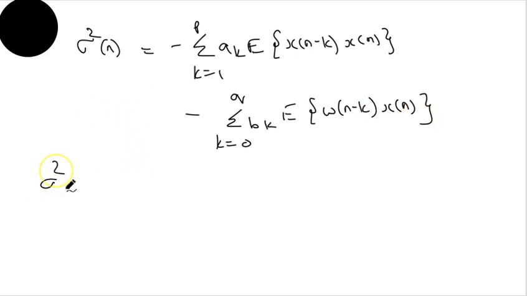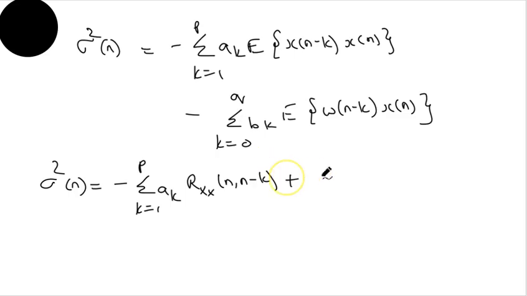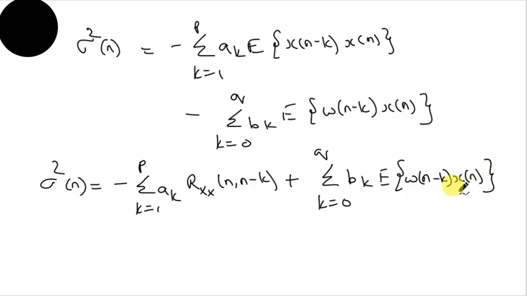So this would result in my sigma squared of n equal to minus summation k equals 1 to p, I will have ak into the autocorrelation function rxx of n comma n minus k, plus summation k equal to 0 to q bk expectation of w of n minus k into x of n.